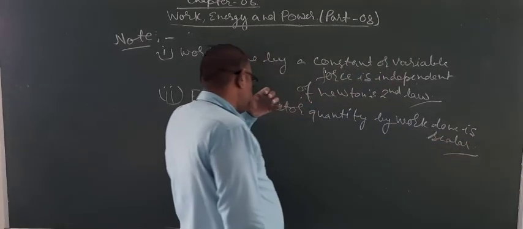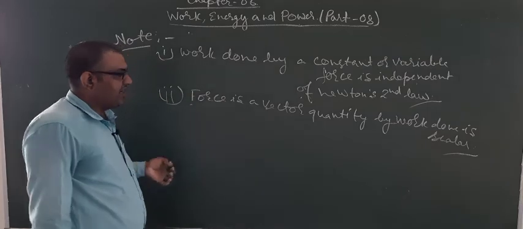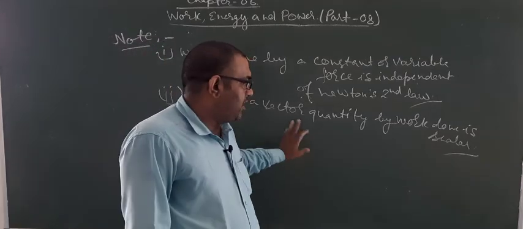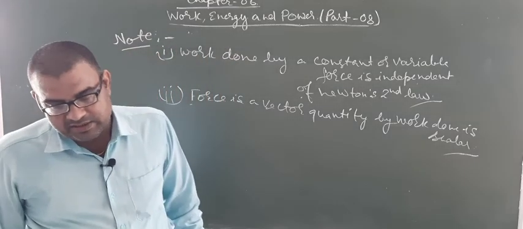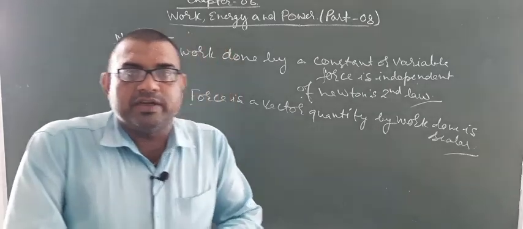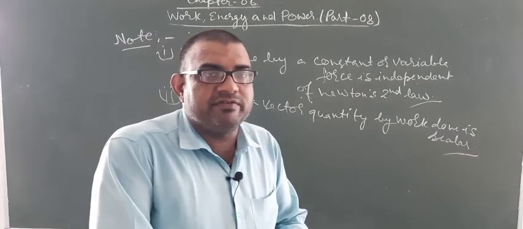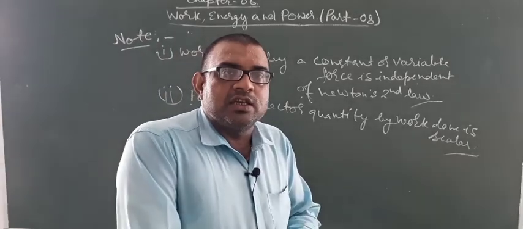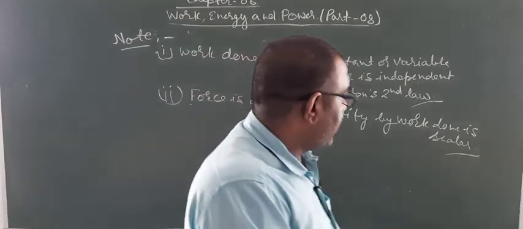Work done is a scalar, meaning whatever work done or kinetic energy we got with the help of Newton's second law is a scalar result. So this is all about the work energy theorem we discussed for the constant force and variable force. Now we are going to discuss certain numericals based on the work energy theorem.